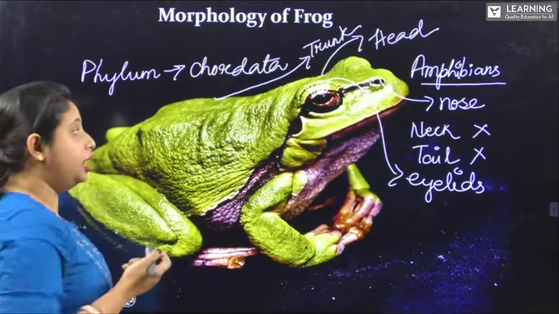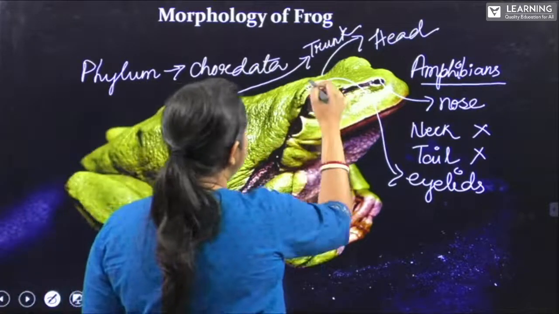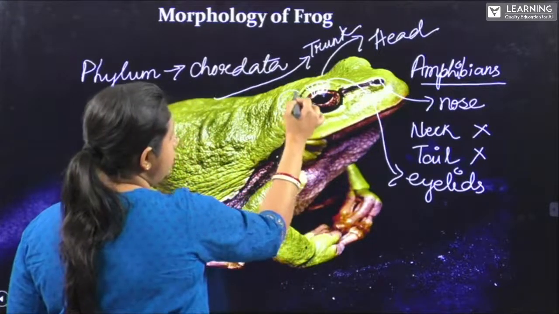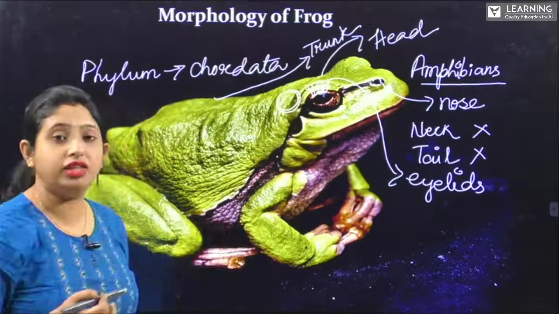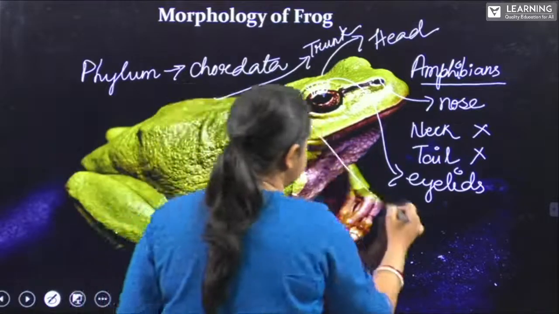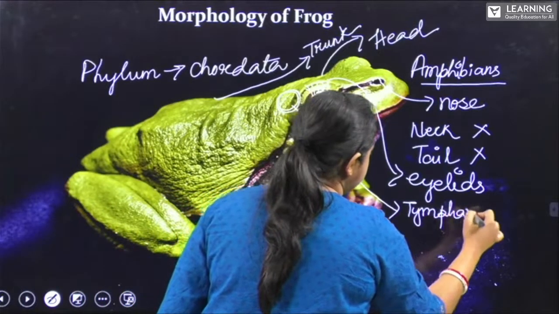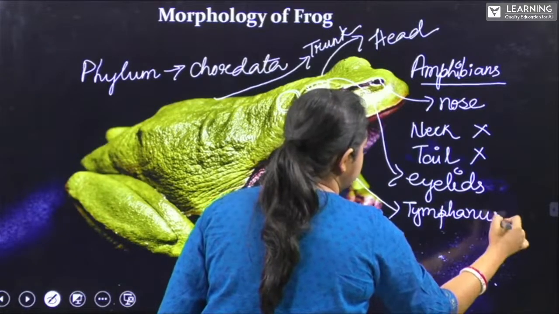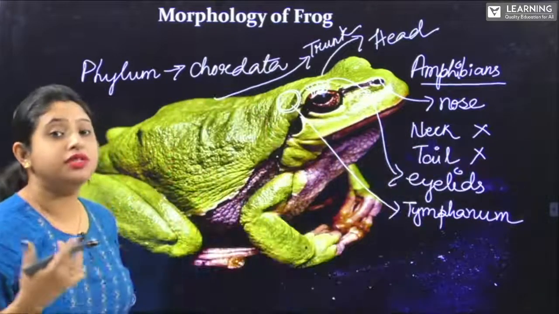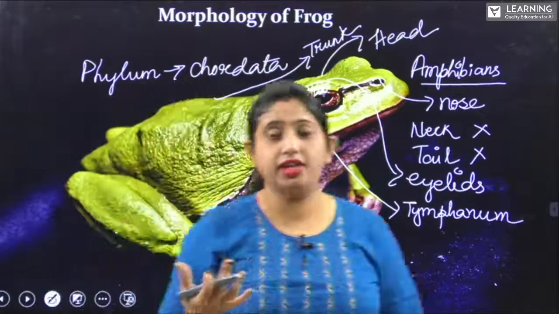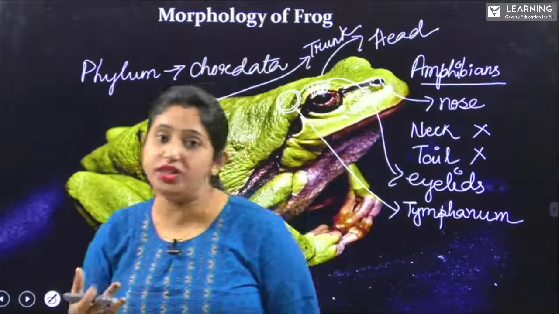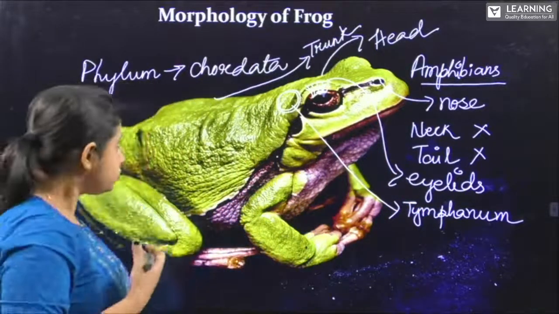They listen with the help of the tympanum, which is near the eyes. The tympanum helps them to get the sound, so they can listen to their surroundings.